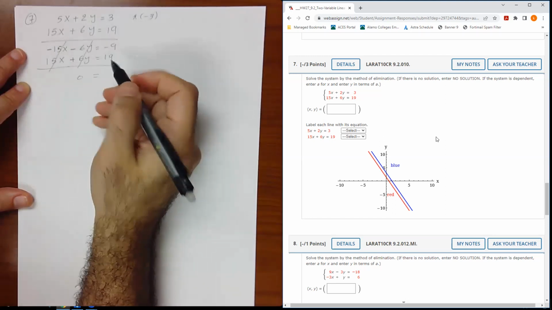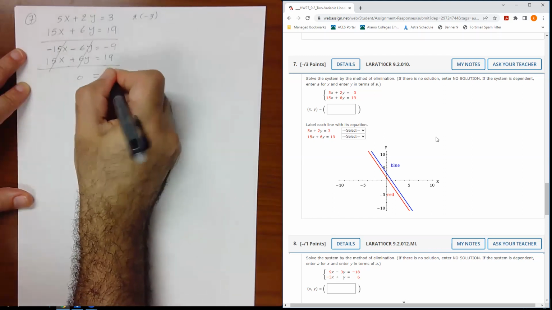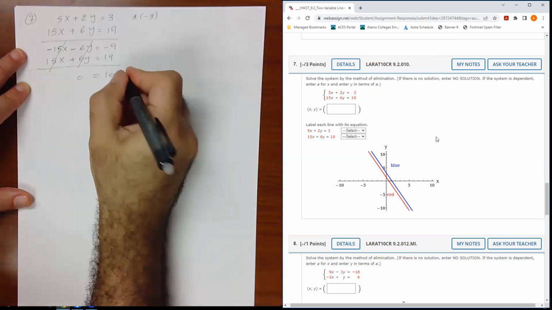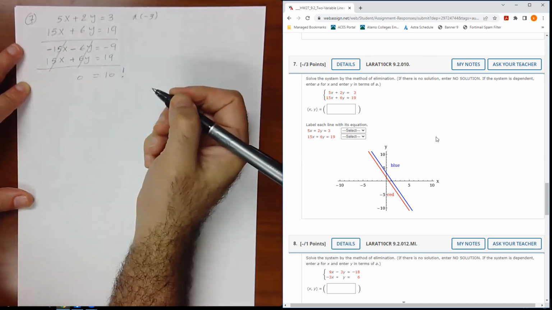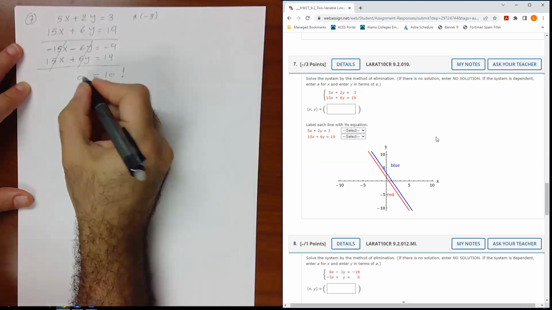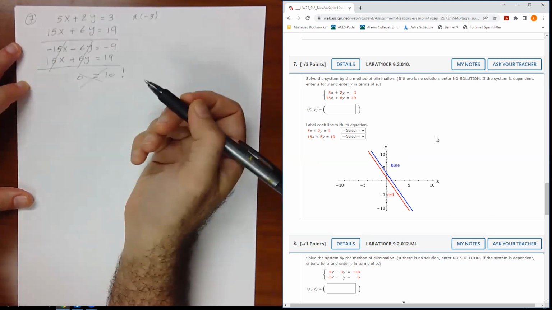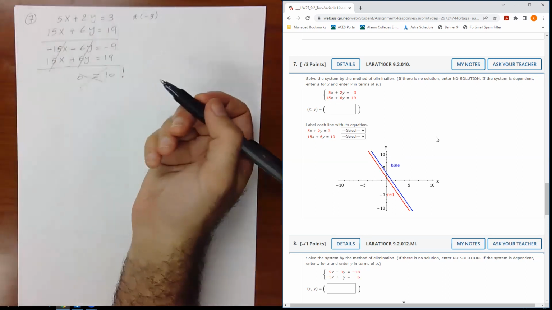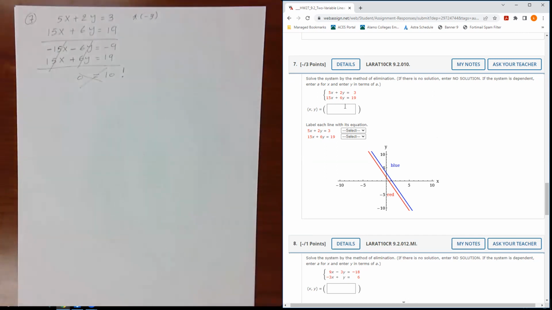Negative 9 plus 19 is going to be 10. 0 equal 10. This is a contradiction. This is not a right statement. This is a wrong statement. In this case, there is no solution. So we're going to type here, capital, no solution.